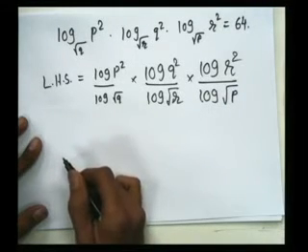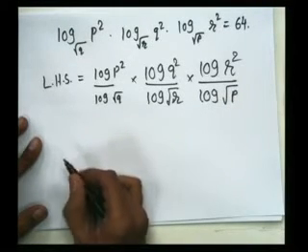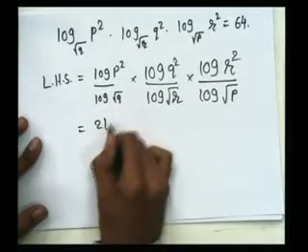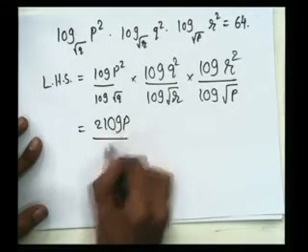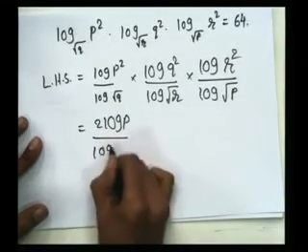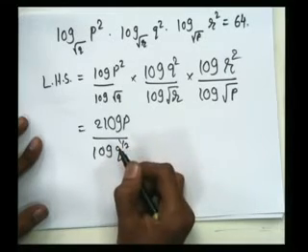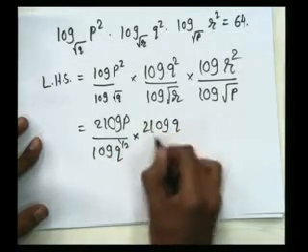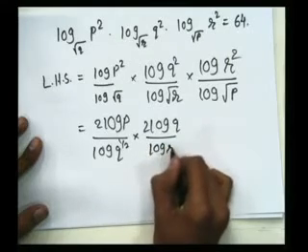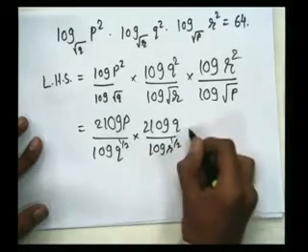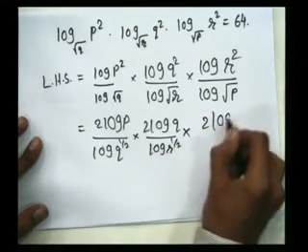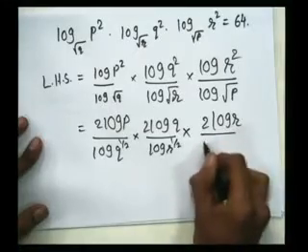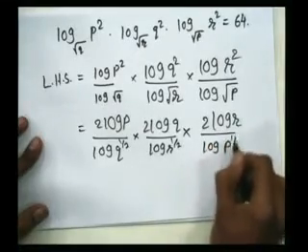Now apply power property of logarithm. So according to the property, one can write 2 log p over log q raised to 1 by 2 into 2 log q over log r raised to 1 by 2 into 2 log r over log p raised to 1 by 2.